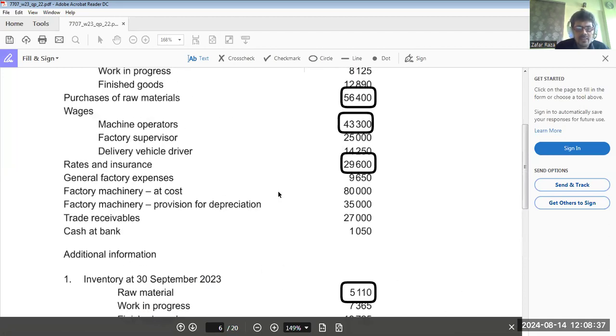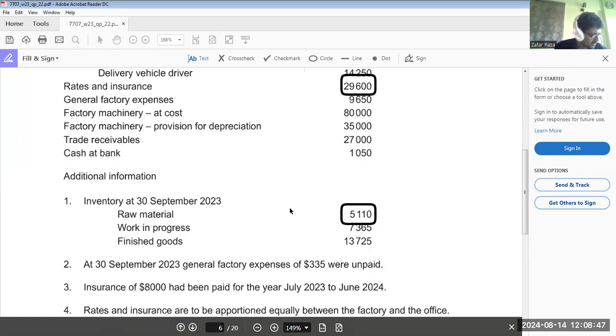Because we are not given an exact amount, rates and insurance are given together. So what we do: 29,600 includes that 8,000 for insurance. So we minus 8,000 plus 2,000.